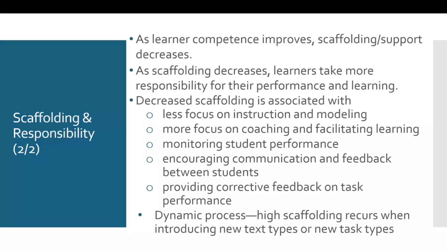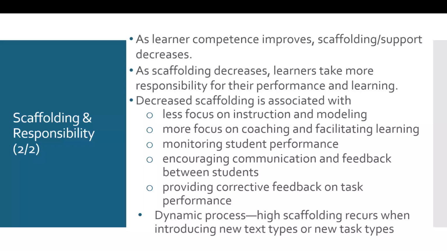And finally, decreased scaffolding is also associated with providing corrective feedback on task performance. You don't want to interrupt them in the middle of something unless it's a really big mistake.